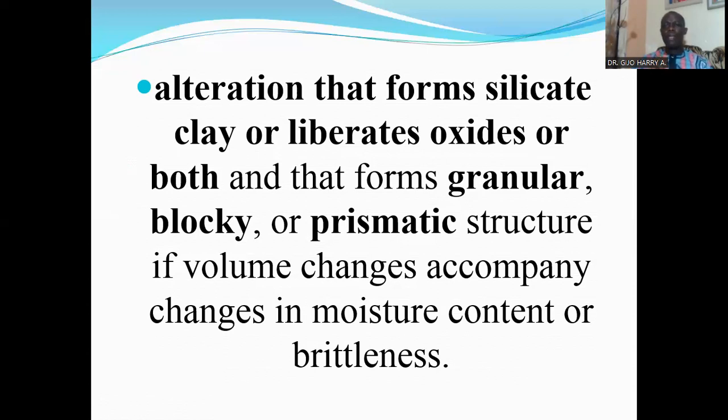So these soil structures, granular, blocky, and prismatic structures, are also formed in the B horizon.